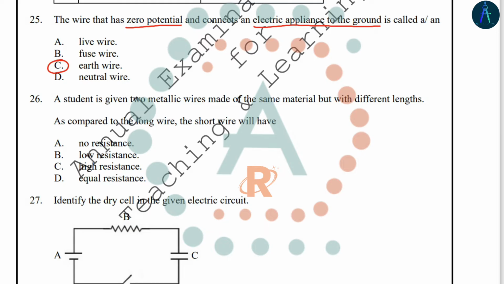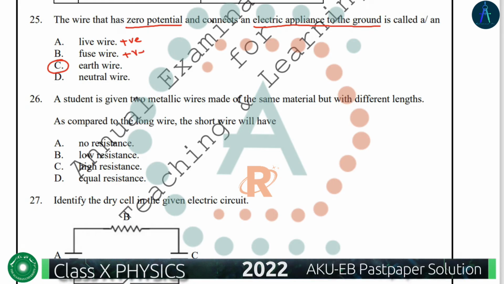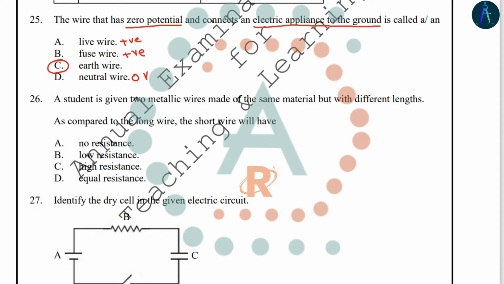This wire is called the earth wire, while the live wire has a positive potential, and the fuse wire is connected to the live, which means it also has positive potential. The neutral wire is at 0 volt, zero potential, but it is not connected to the ground. It is connected to the appliance and the live wire. So option C is the right answer.